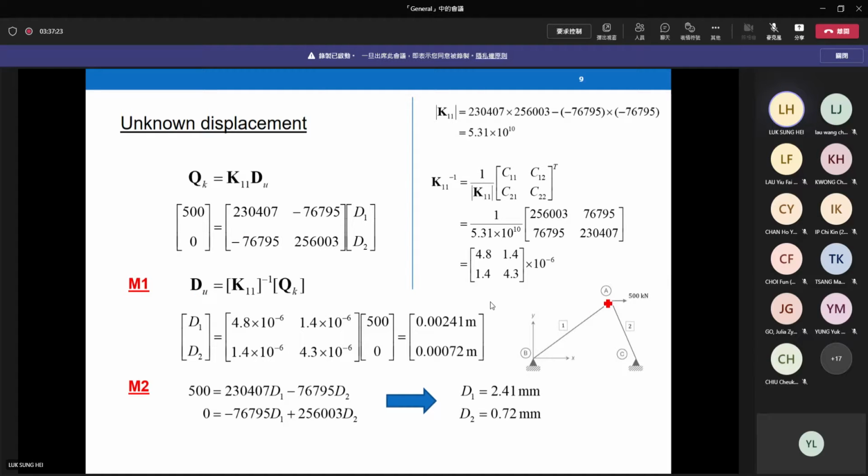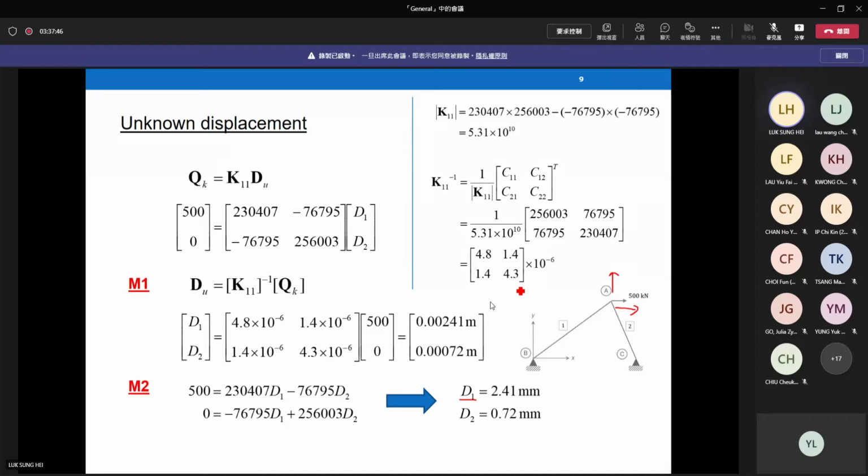And from this picture, D1 is moving horizontally, D2 upward. The structure now undergoes a horizontal force, 500 at the top of the structure. And then our final outcome is that it moves horizontally and vertically.